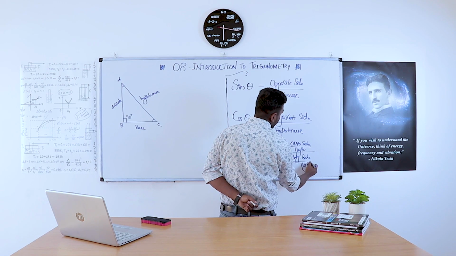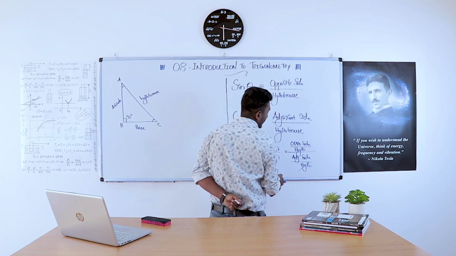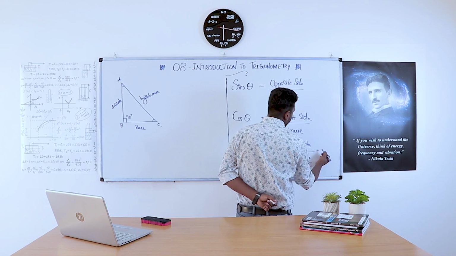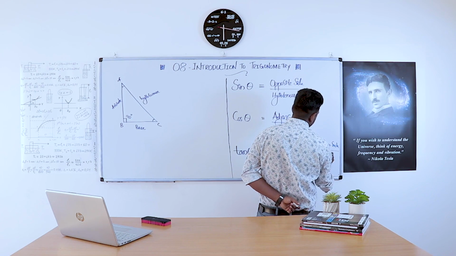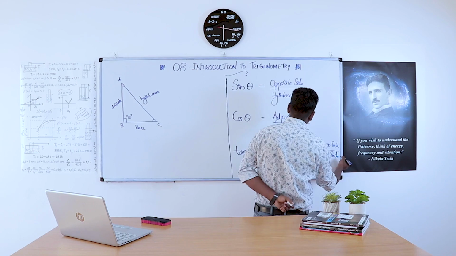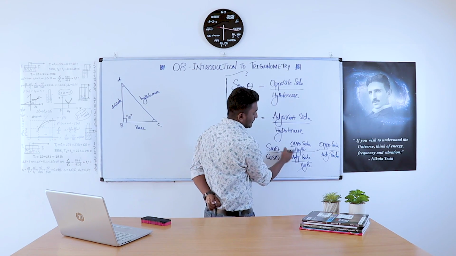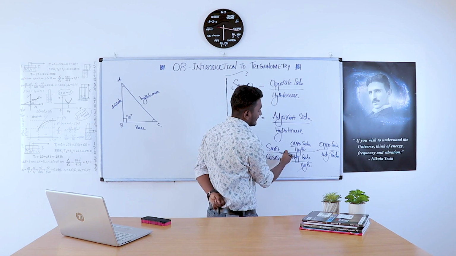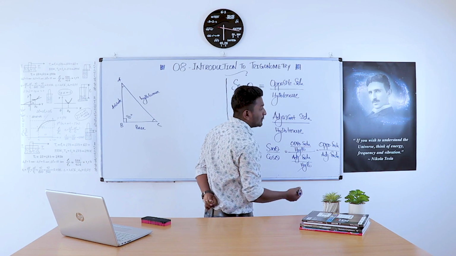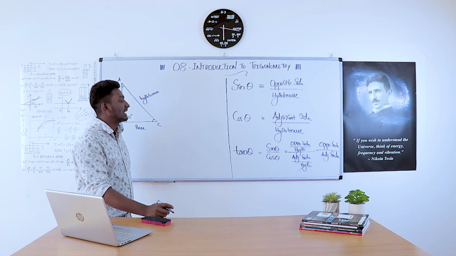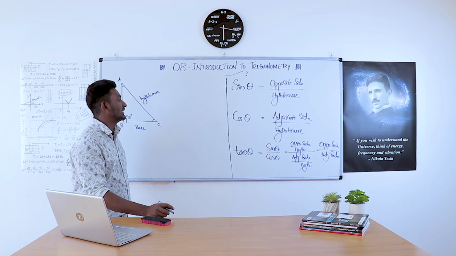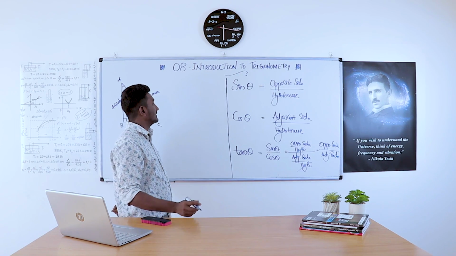Then both hypotenuses cancel each other, and the final equation becomes opposite side by adjacent side. So tan theta is equal to opposite side by adjacent side.